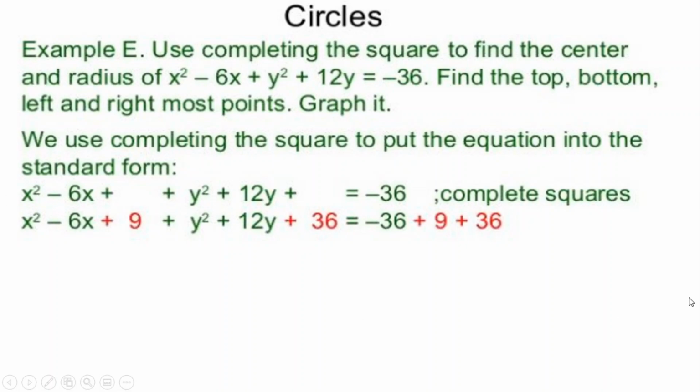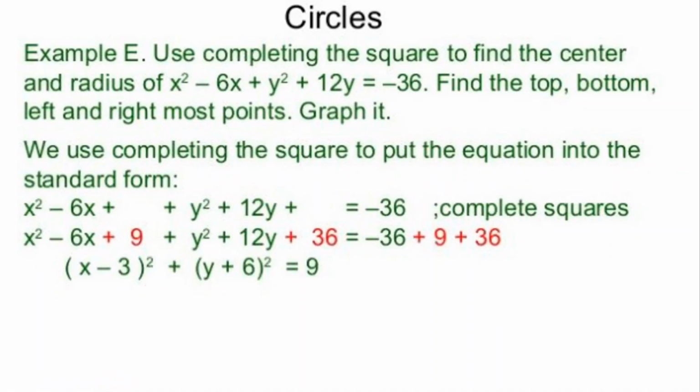So, this is now the new equation. X squared minus 6x plus 9 plus y squared plus 12y plus 36 is equal to negative 36 plus 9 plus 36. Okay, next. So, we operate negative 36 plus 36, which is 0. So, what remains is 9.